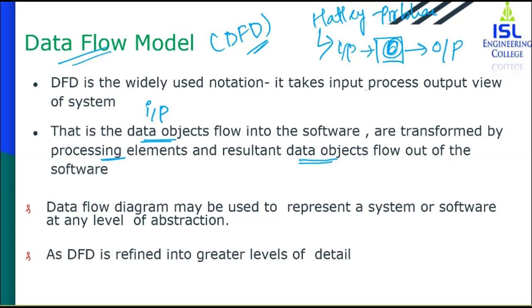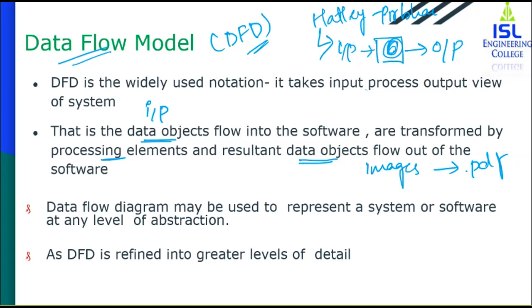Suppose you want to convert specific images into a PDF, to share your assignment or some important questions. You're going to take snaps, capture specific images, and then convert them into a PDF file. So that is your input-process-output view. You take a data object as input, it is transformed, and then the output is in PDF format.